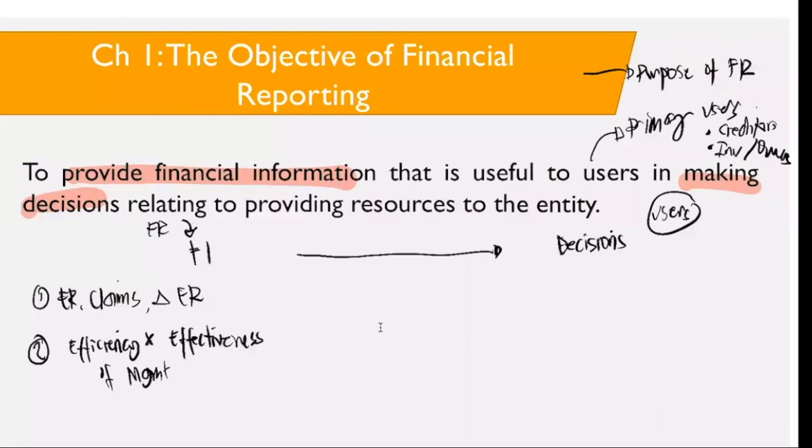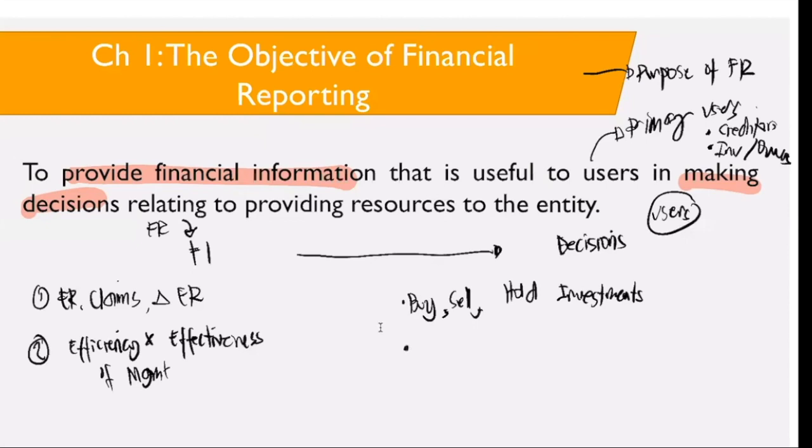The first decision is whether they will buy, sell, or hold investments. These are the investors or owners. They will look at the economic resource and the efficiency and effectiveness of management to decide whether they will buy, sell, or hold investments.